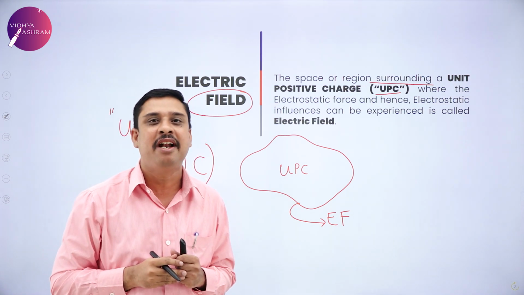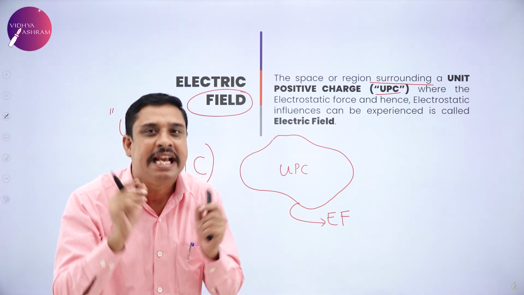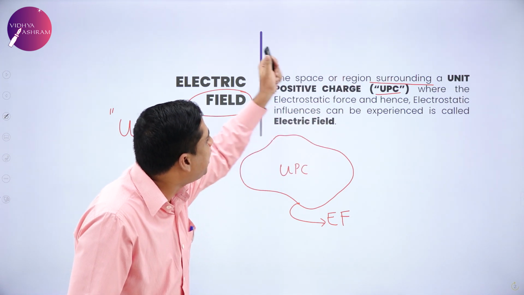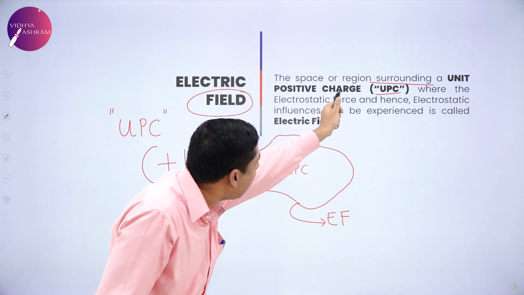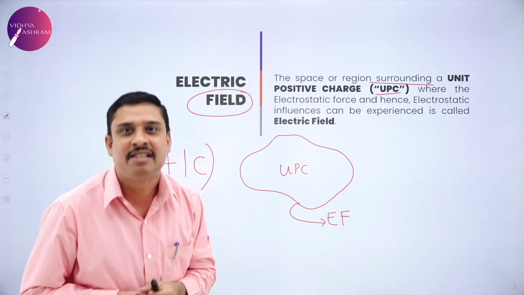So we understand any space or region surrounding a unit positive charge is called electric field.